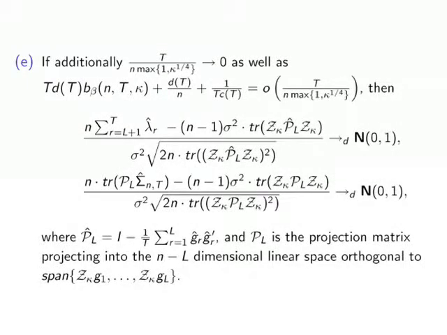What's important in this context is that you also get results about the sum of the t minus L plus 1 smallest eigenvalues of sigma n, which under some standardization tends to a normal distribution.